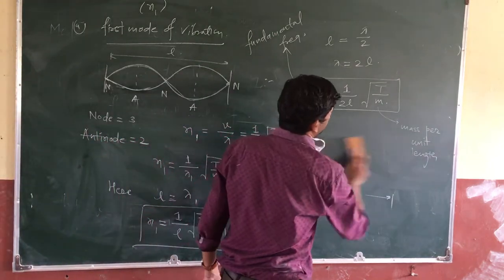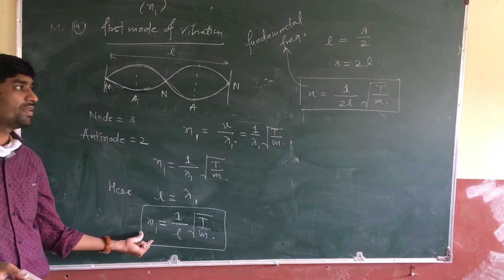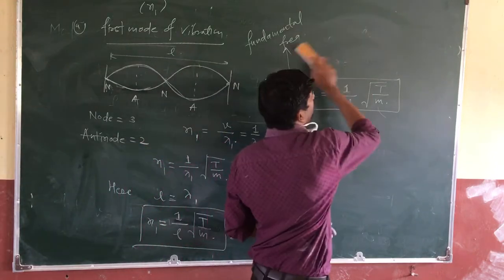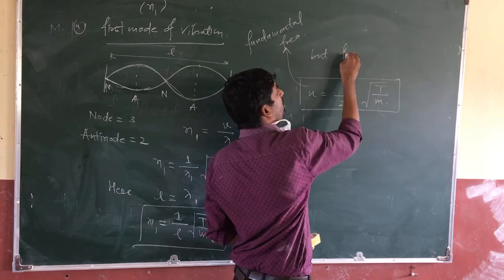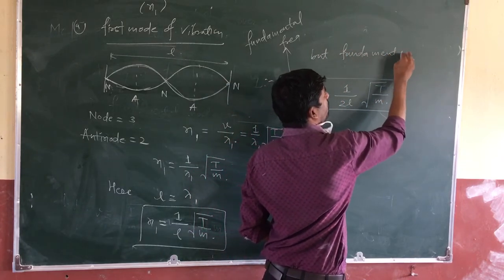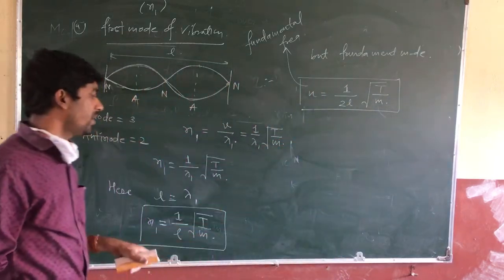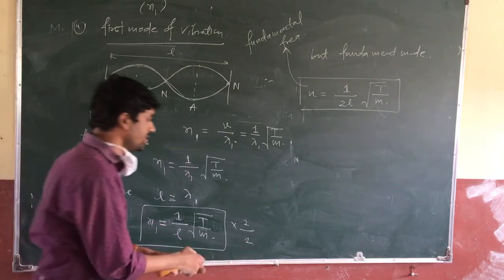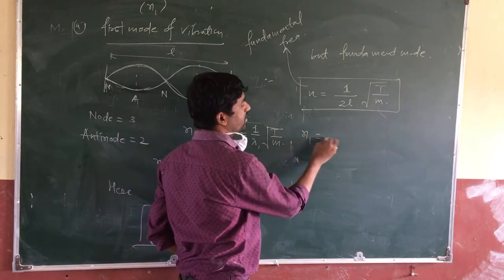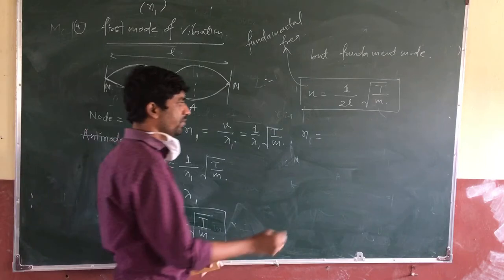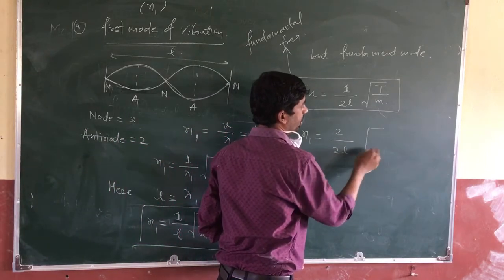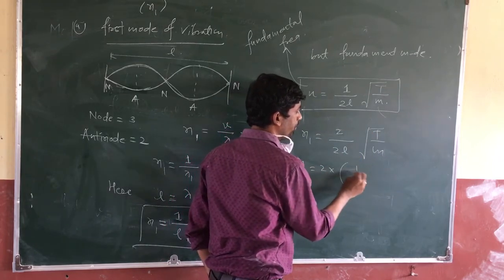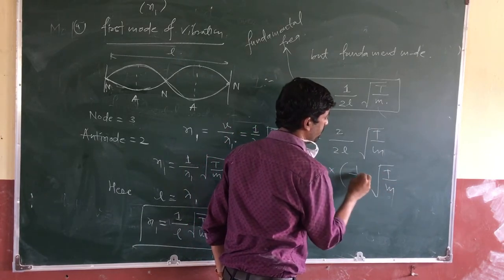But what is the fundamental frequency? Fundamental frequency is 1 upon twice L under root of T divided by M. In this equation, if I multiply by 2 and divide by 2, I can write N1 is equal to 2 divided by twice L under root of T divided by M. So N1 is equal to 2 into 1 upon twice L under root of T divided by M. But what is this?